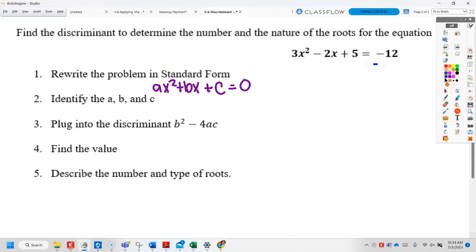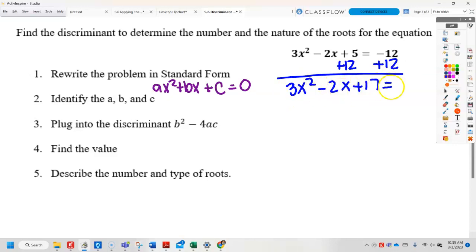In the case of this problem, I need to add 12 to the other side. Then I need to identify my a, b, and c, because I need to know what they are. If I don't know what a is, then how can I plug it into my formula?